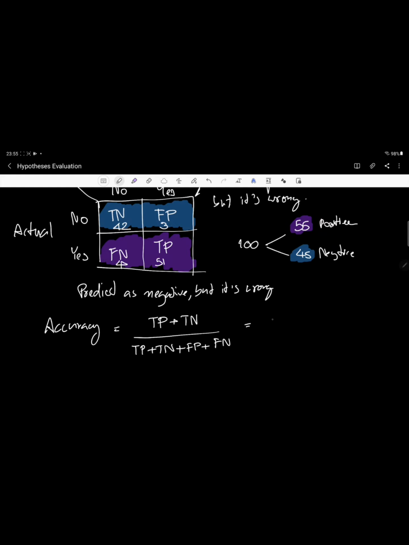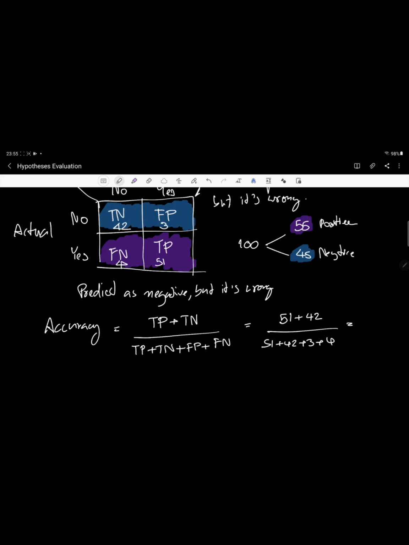So it will be 51 plus 42 divided by our values. That is 51 plus 42 plus 3 plus 4.